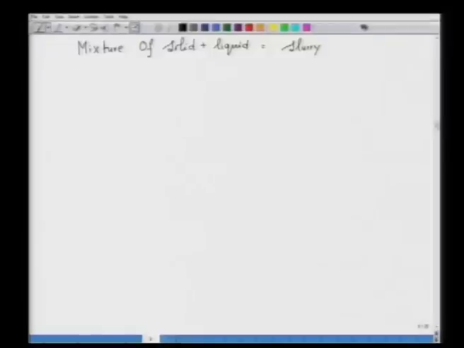So, concentration of solids in slurry can be expressed either as weight percent solid or volume percent solid, whichever way we want to express.